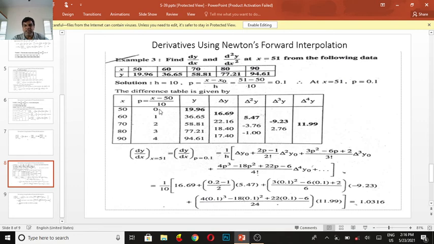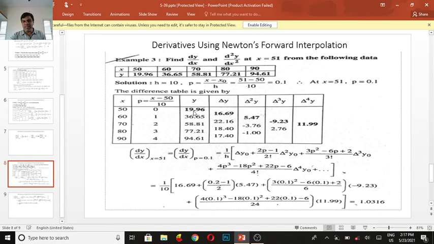Put x equal to 90: 90 minus 50 is 40, divided by 10 is 4. The corresponding values of y are 19.96, 36.65, 58.81, 77.21 and 94.61.